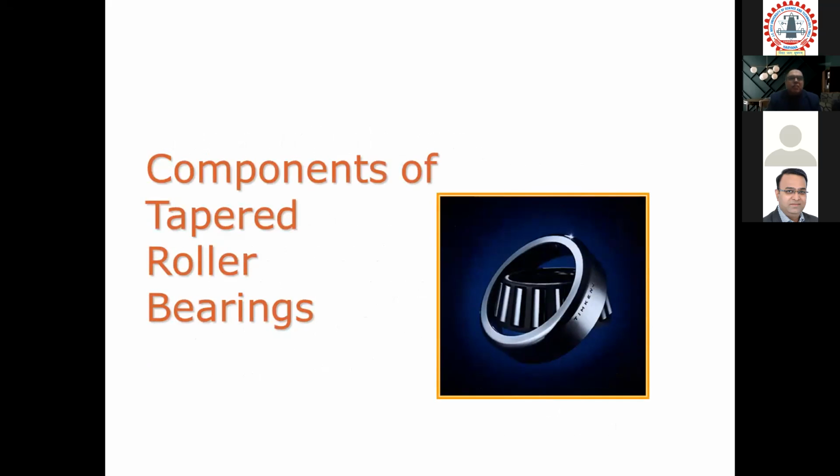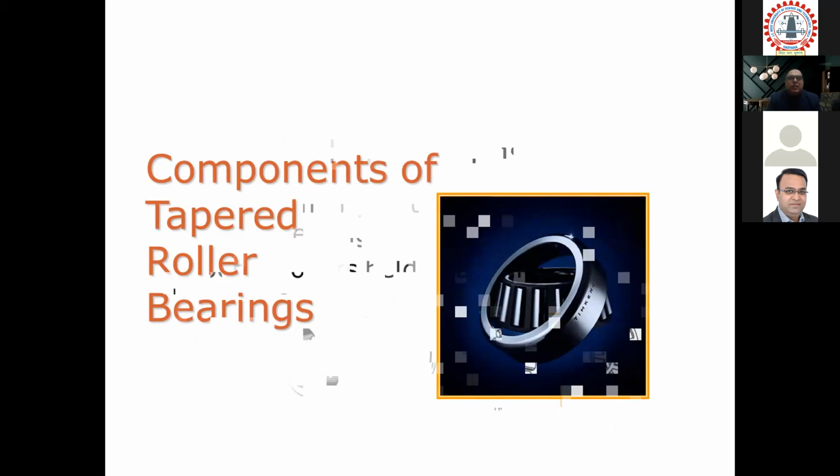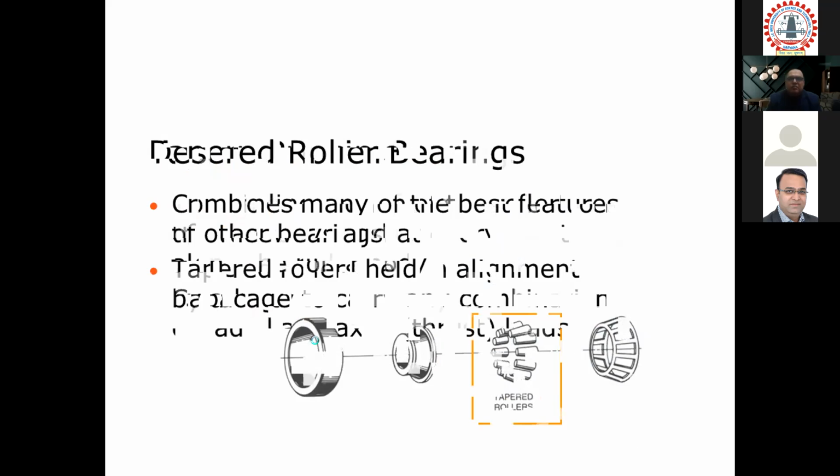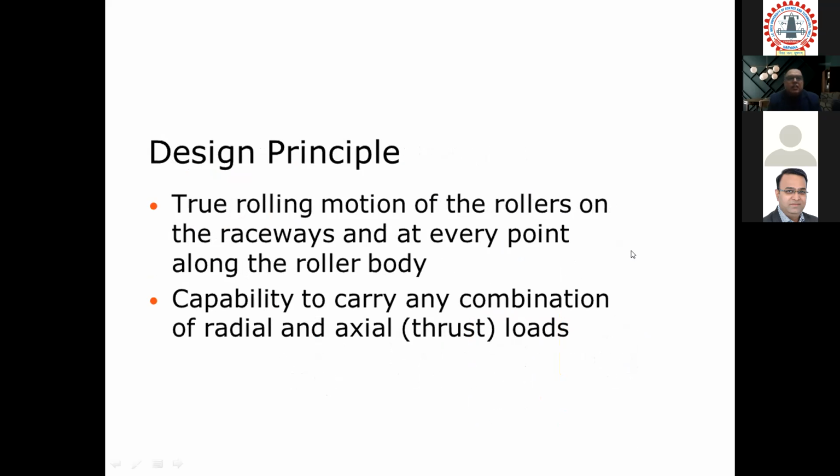The last type we come to now is taper roller bearing. This is a very interesting bearing which combines many features of the other bearings. It has tapered rollers which are held in alignment by a cage, as you can see here. To accommodate tapered rollers, you need an inner race and outer race which have a tapered surface. It has a true rolling motion.